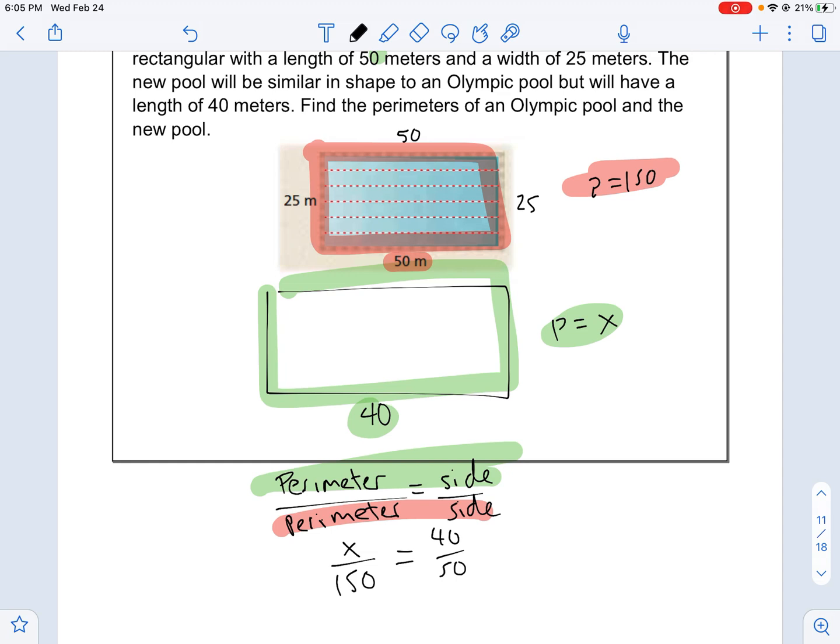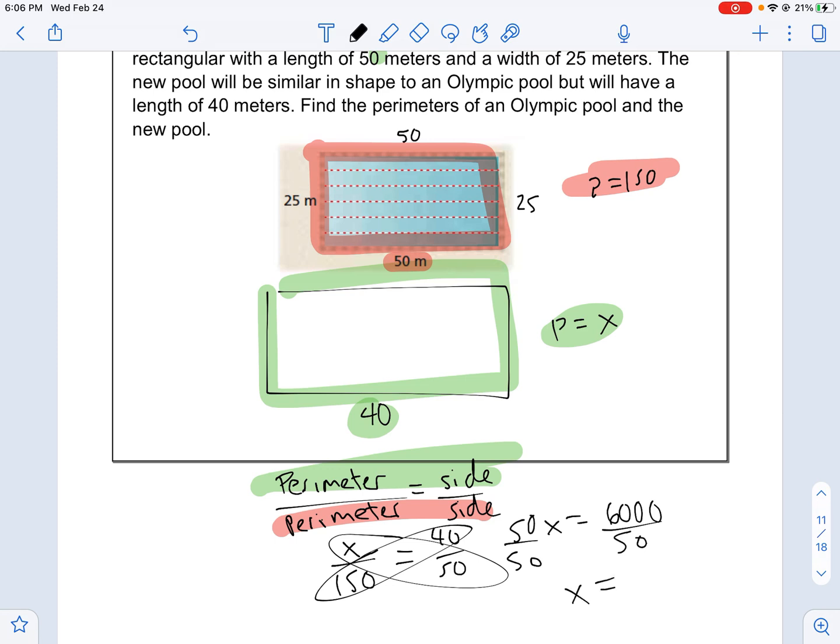So here we go. We're going to cross multiply. We're going to get 50x equals 6,000. We're going to divide by 50.